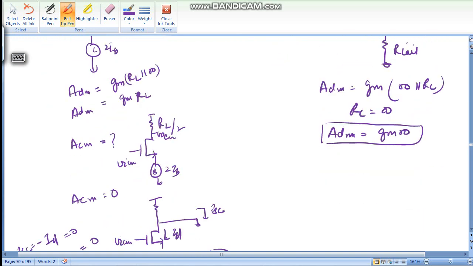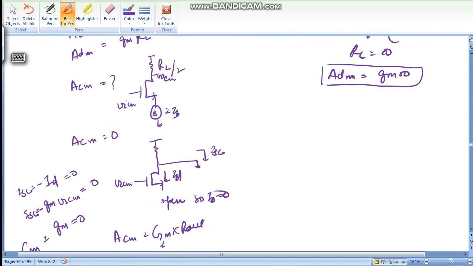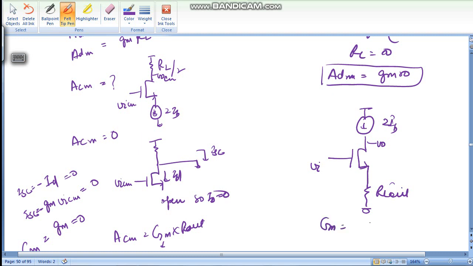Now we have to find out ACM. For ACM, this is 2IB, here this is R tail, and this is VI, this is VO. For this topology, GM is GM of this circuit 1 plus GM R tail.